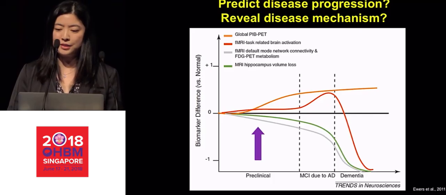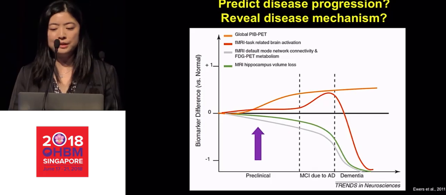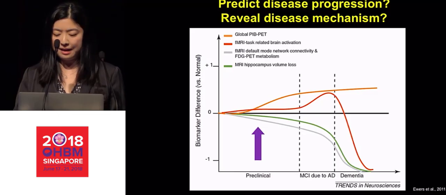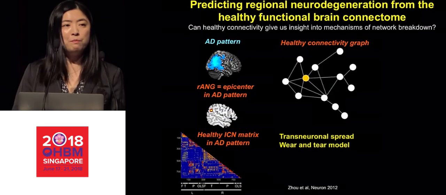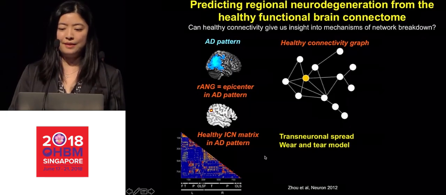Besides those two questions, under the framework of network-based dysfunction, we also hope to predict disease progression, monitor treatment outcome, and reveal disease mechanism. Our previous work has demonstrated this possibility at the group level.